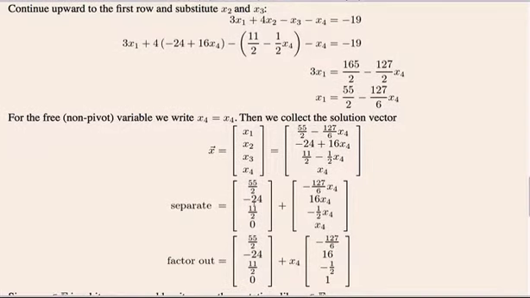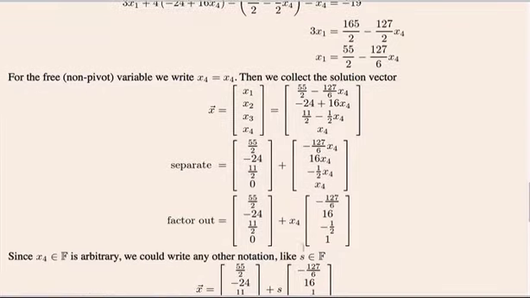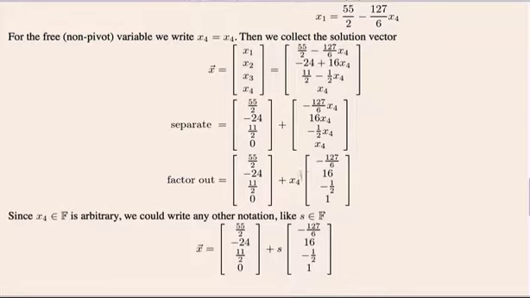So this is using the property of vector addition, that you add entry by entry the vectors. And then what we can do with this second vector, since each component contains x4, we can factor out x4 from the whole vector. Then still it might be confusing, how do we have x4 there?